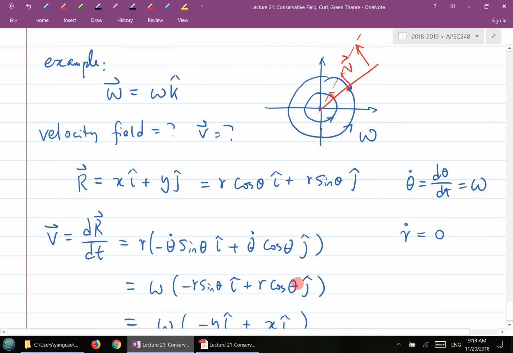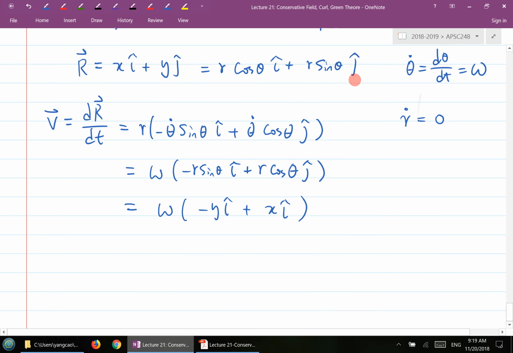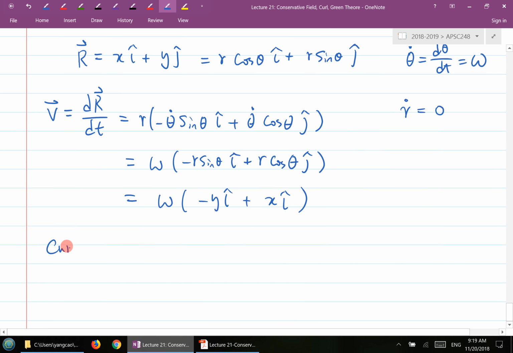If you draw all the velocity vectors out, you get a cluster of velocity vectors from small to big, rotating around the z-axis. Now I can calculate the curl. If you do this calculation, you're going to get 2 omega k hat.